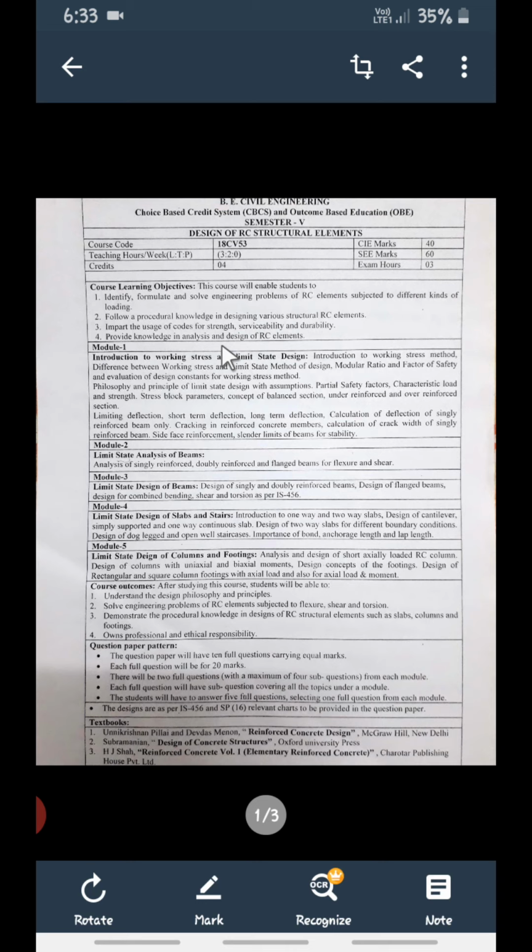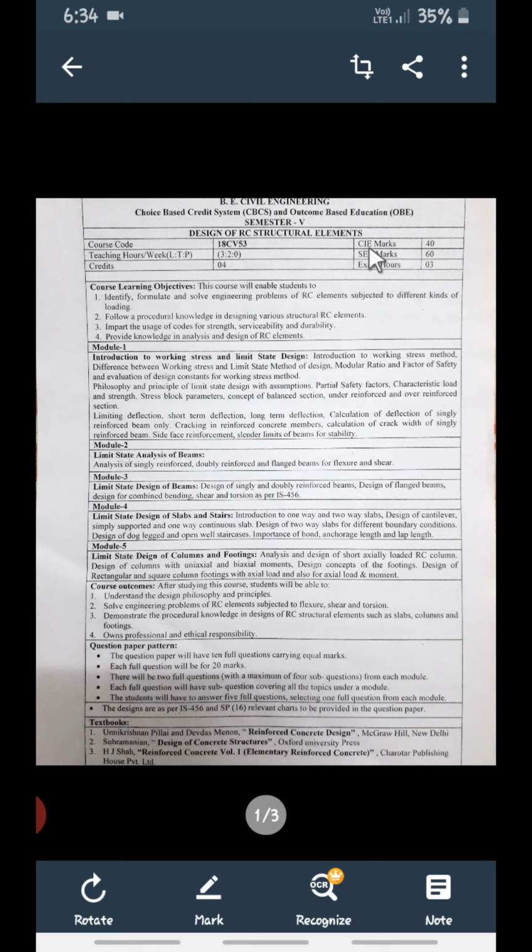Finally you will get thorough knowledge of analysis and design of each element.